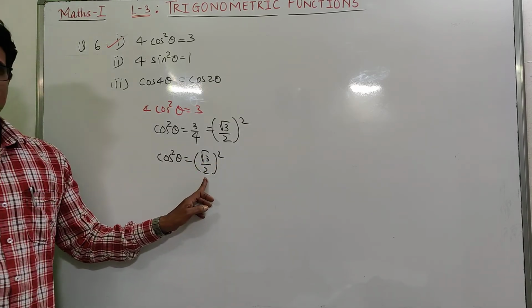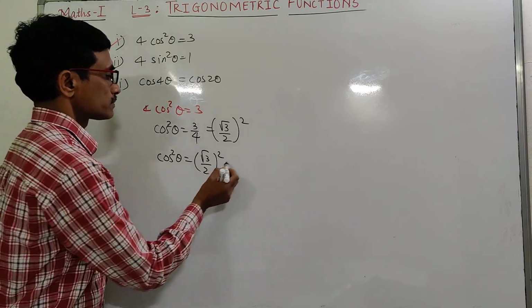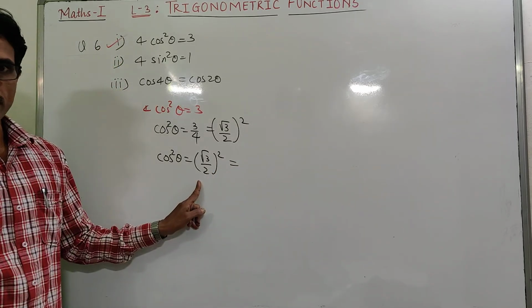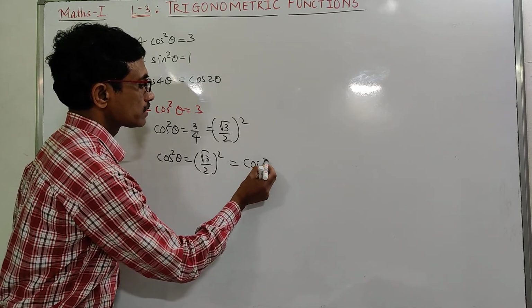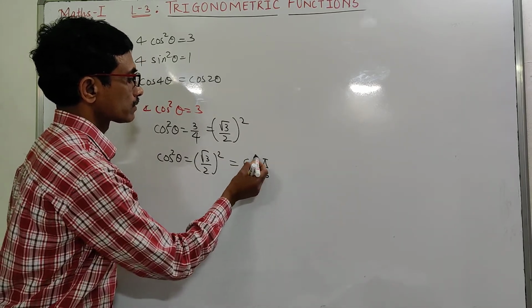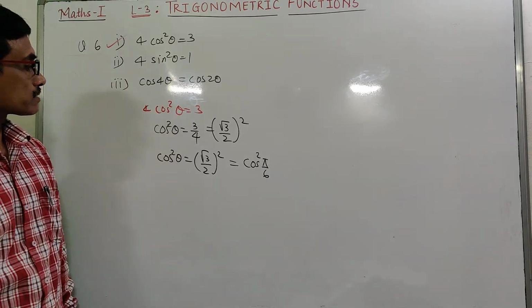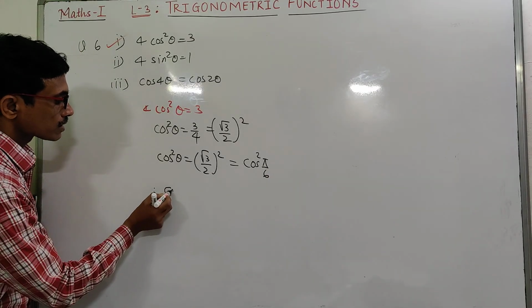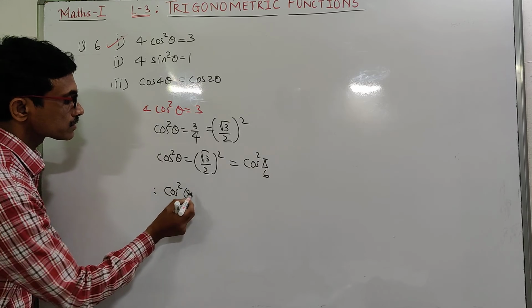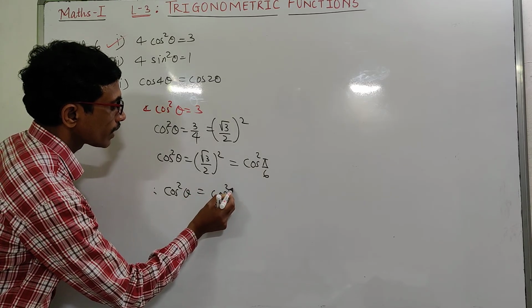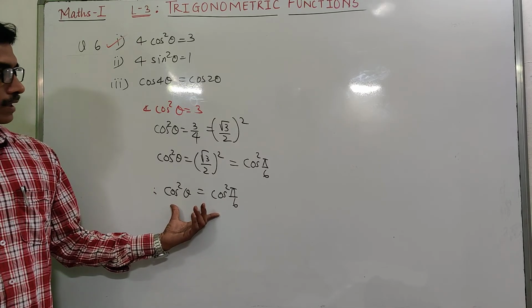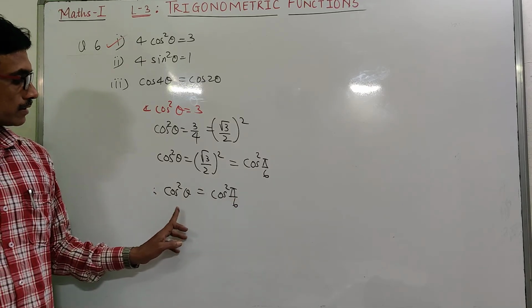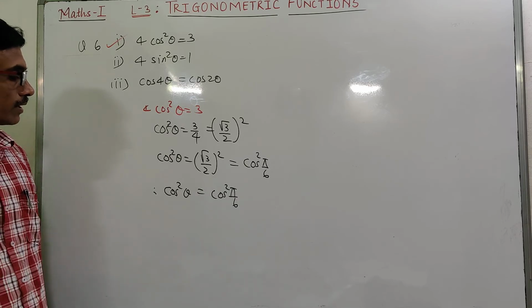We know root 3 by 2 is cos of pi by 6, cos of 30 degrees. So we'll write it as cos square pi by 6. Thus cos square theta is equal to cos square pi by 6, and we apply cos square theta equal to cos square alpha implies theta is equal to n pi plus minus alpha.